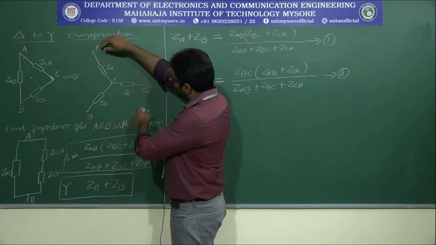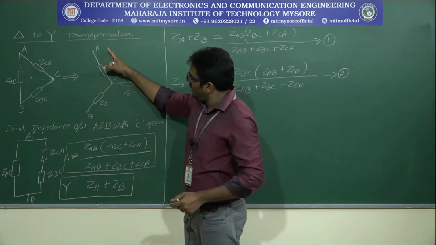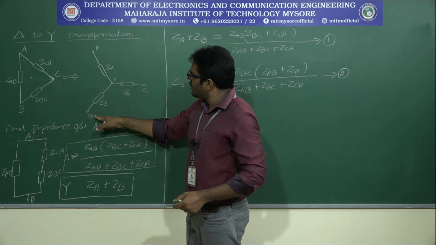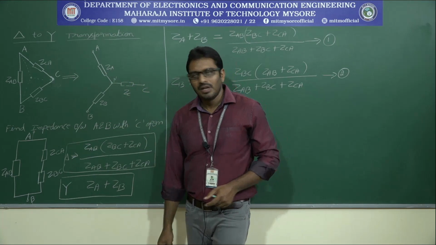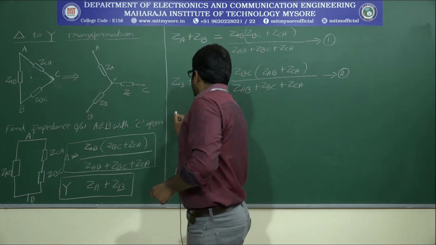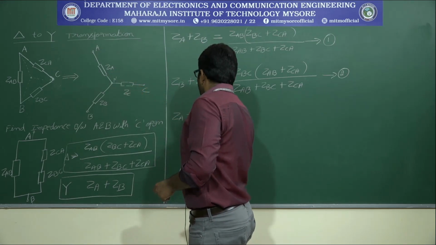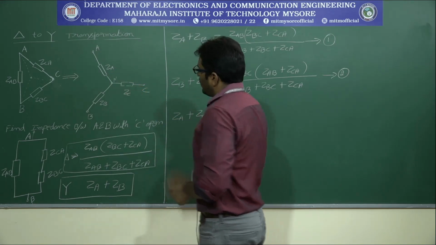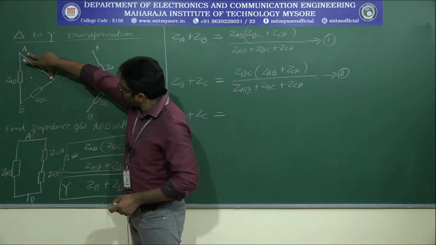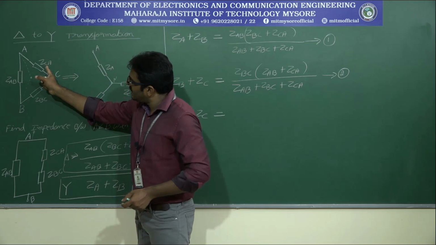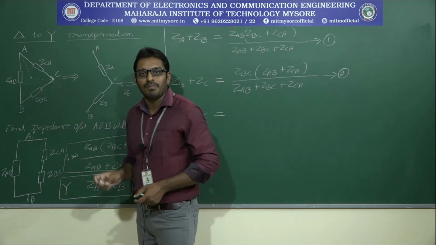Let me write directly once again: ZA plus ZC is equal to ZCA in parallel with the series combination of these two impedances.